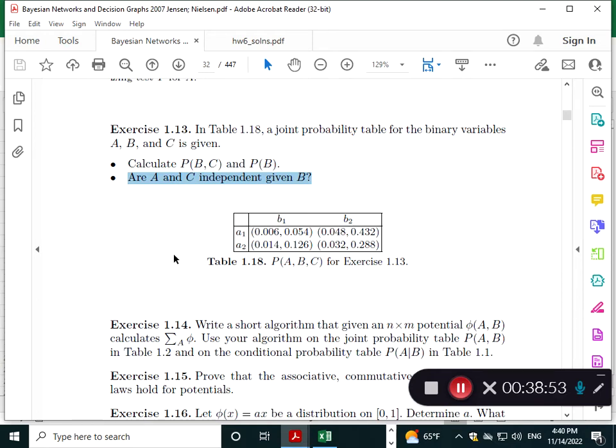Can anybody see this question is very, very similar to the D-separation hot and sour soup question? I like hot soup. I like hot stuff. I like sour stuff. But given I like Indian food, the hot and sour become independent.